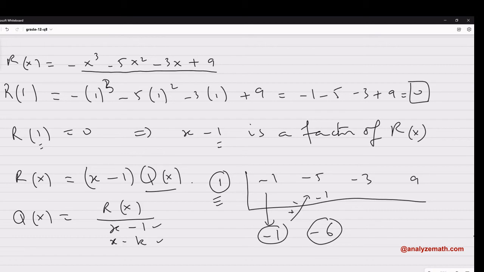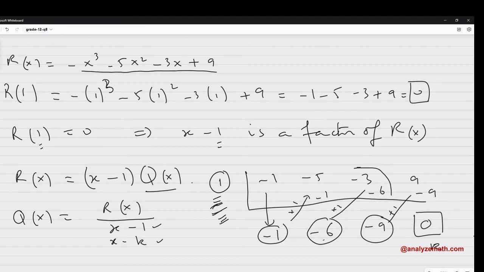You multiply the -6 by the k, which is 1, and add these two, which gives you -9. You multiply -9 by 1, and that gives you -9. When you add it, it gives you 0. This is the remainder 0. We would expect 0, of course, because x minus 1 is a factor.